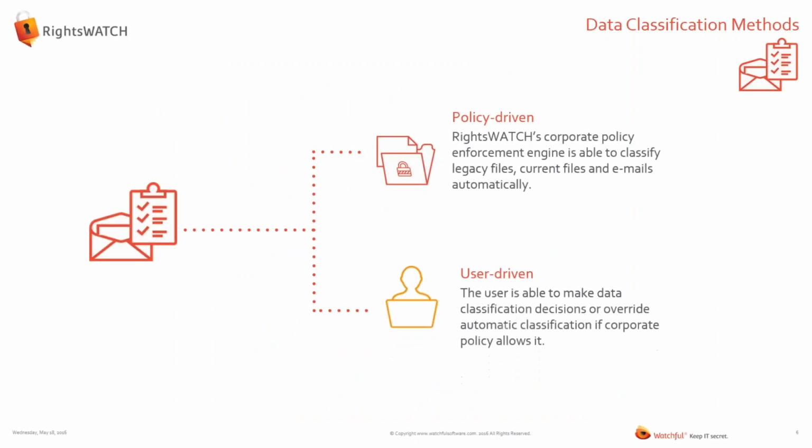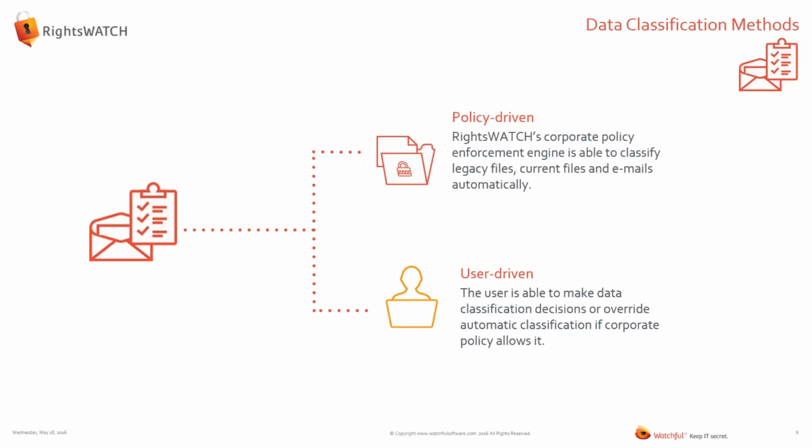So there are two main methods to achieve data classification. First is policy-driven, that relieves the user from the workload and overhead of having to know, understand, and apply the corporate policies, and at the same time increases user and organizational awareness of the value and sensitivity of the data and ensures compliance. And there's also the user-driven method.